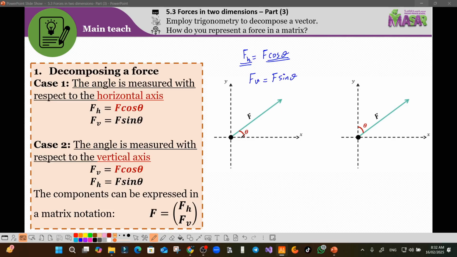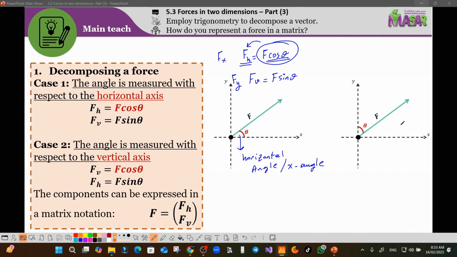This type of angle is known as the horizontal angle, or the x angle. By x angle or horizontal angle, I mean the angle that is measured with respect to the x-axis or the horizontal axis. So we always apply F cosine for the horizontal component, or F of x, and F of v is just the y component F y.